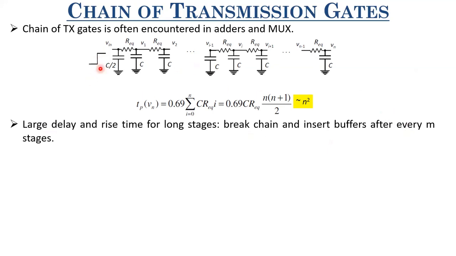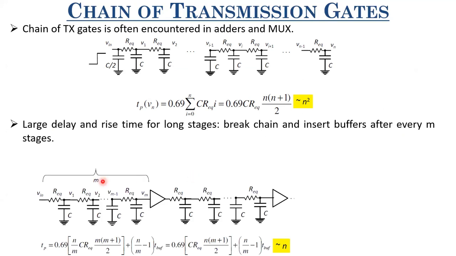Each individual group will have m stages, and then we add a buffer, and then again m transmission gates, then again a buffer, and so on. So such total entities would be n by m. It looks something like this. We have a total of n stages. After every m stages, we introduce a buffer. For what? For regeneration of logic.